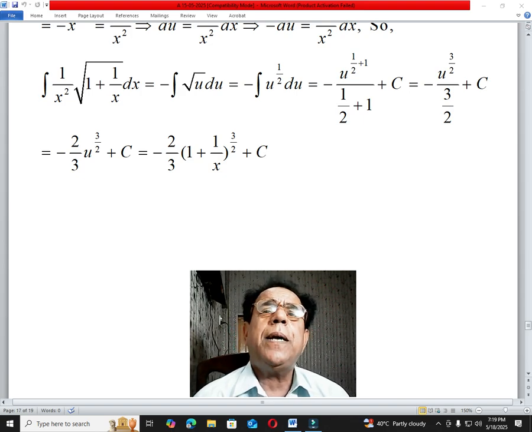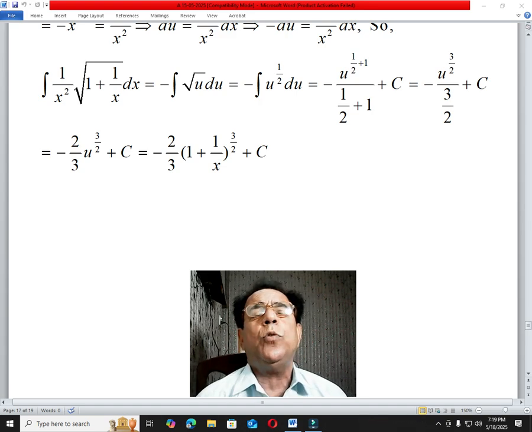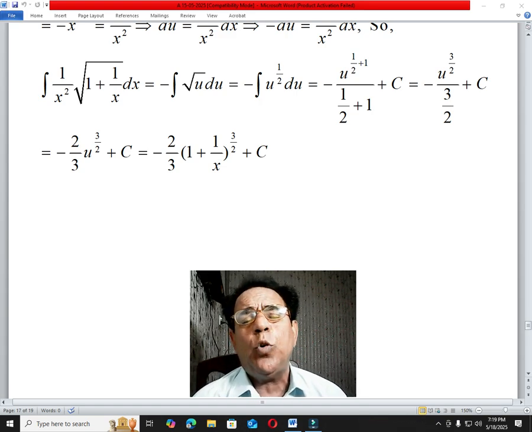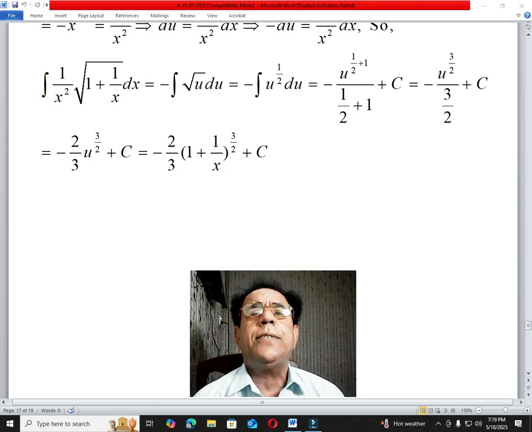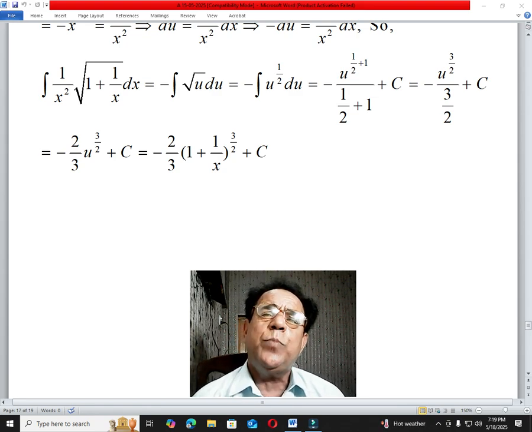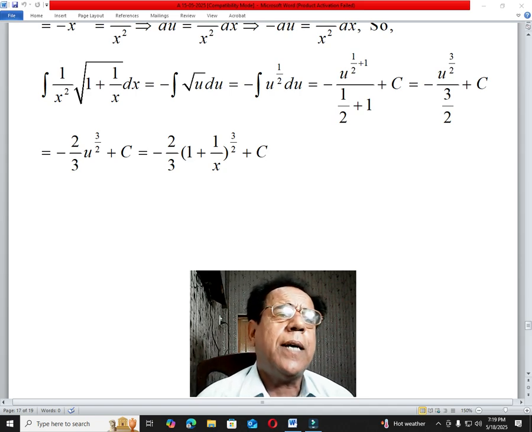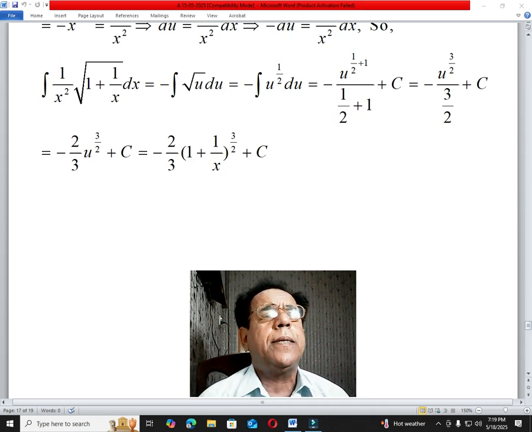So 3 by 2 power of u and 3 by 2 in the denominator, and we know that a fraction in the denominator is reversed, that is to say the denominator of the denominator appears as numerator. So our answer will become minus 2 by 3 u raised to power 3 by 2 plus c.